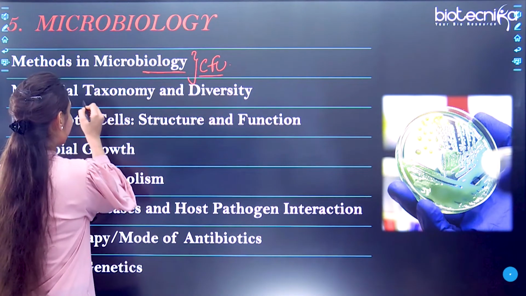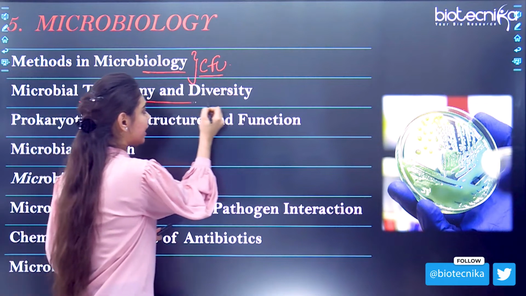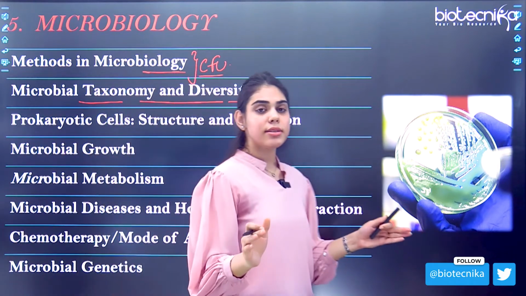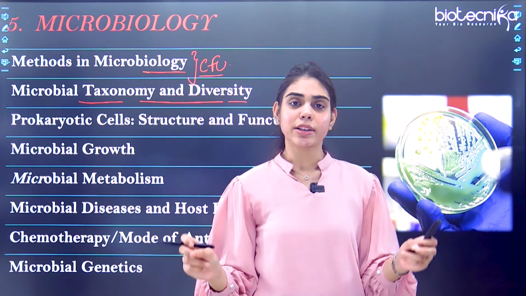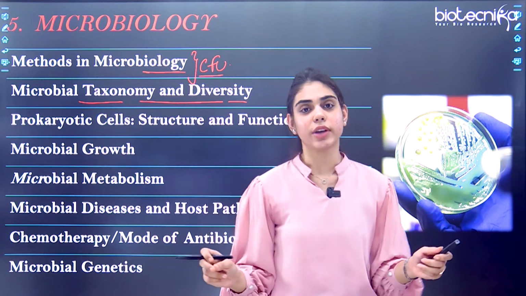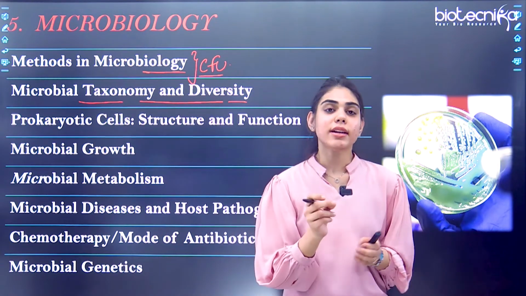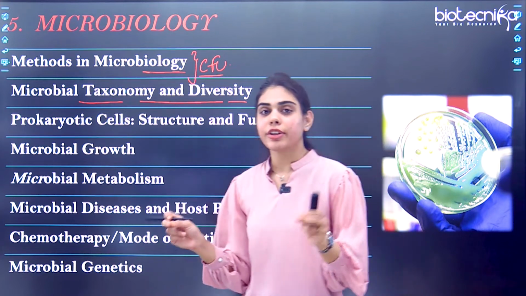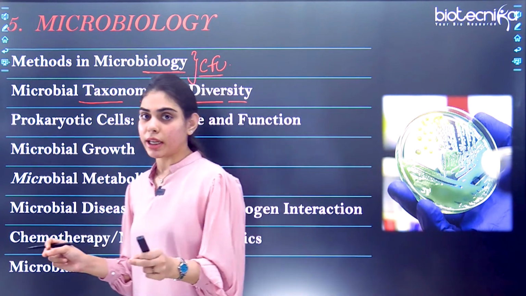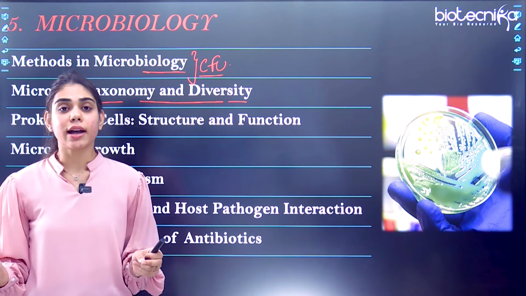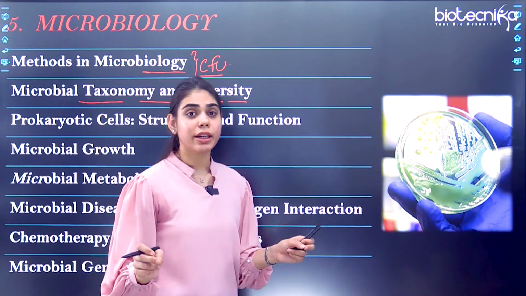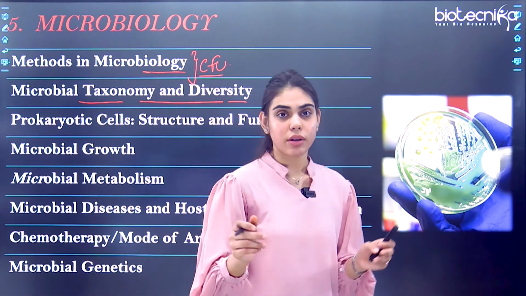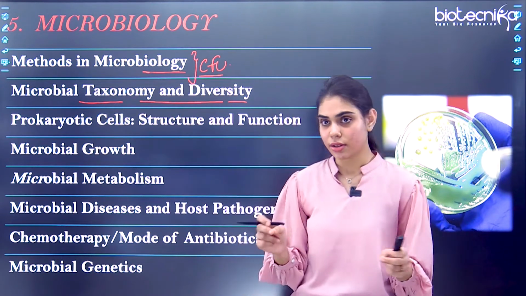The next topic is microbial taxonomy and diversity. Here the importance and classification of bacterial, viral and fungal classification is needed, like what is the genome of bacteria, if it is gram positive or gram negative, what is double stranded RNA, what is single stranded RNA, what is the genome of RNA virus, all these things you should know.